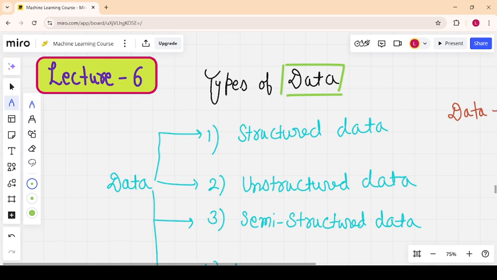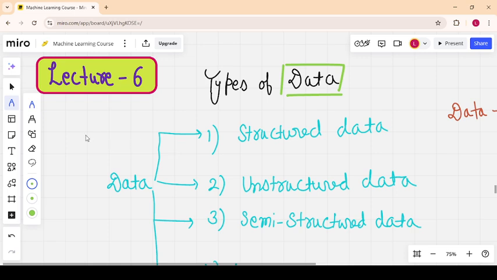So in this lecture, I will discuss the types of data. Before understanding the types of data, first understand what the ideal pipeline should be, from feeding the data or pre-processing the dataset to getting a prediction, an output, from a model.